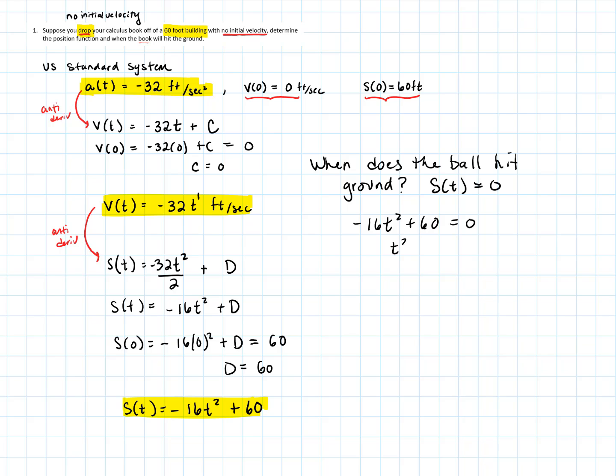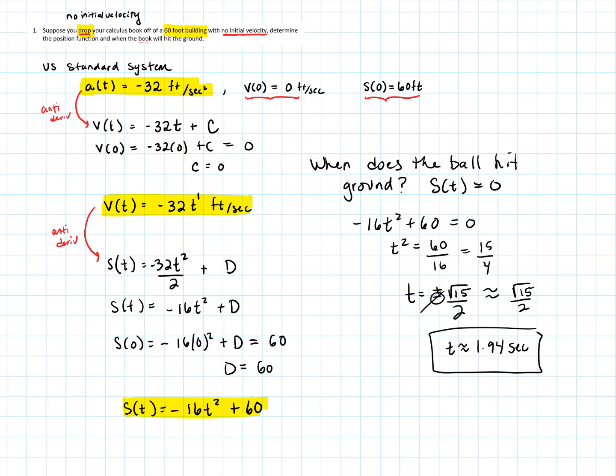That's when t squared equals 60 over 16, or 15 over 4. So t is equal to plus or minus the square root of 15 over 2. Obviously the negative time doesn't give us anything legit. So it's going to happen at approximately 1.94 seconds.